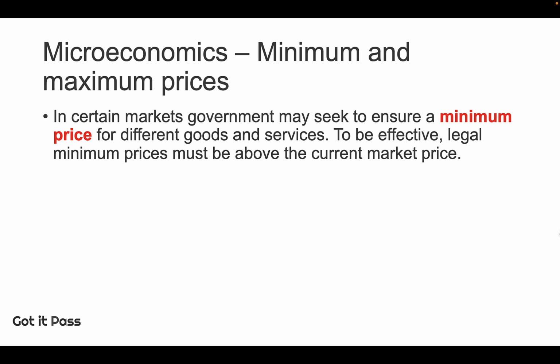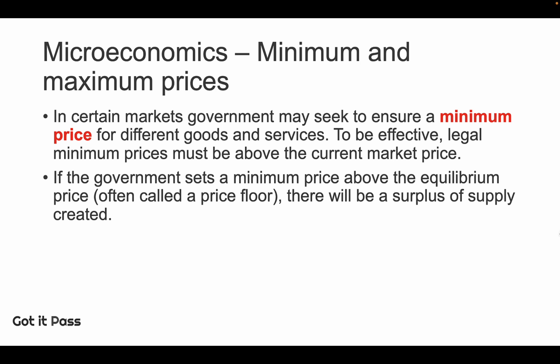To be effective, the legal minimum price must be above the current market price. Like minimum wages, some governments would like to set minimum wages in the labor market to secure the so-called basic income for low-income persons in society.